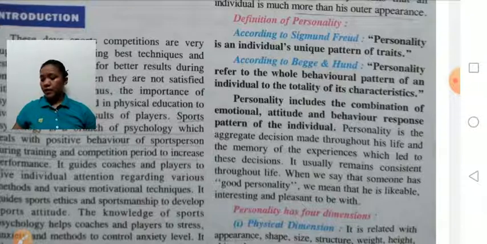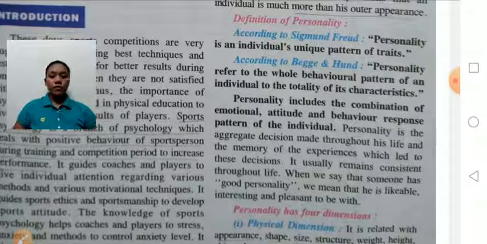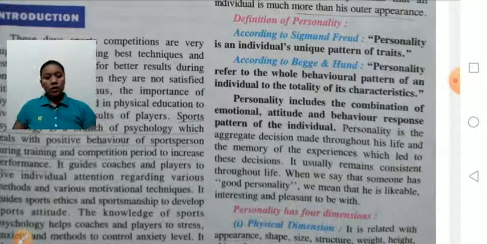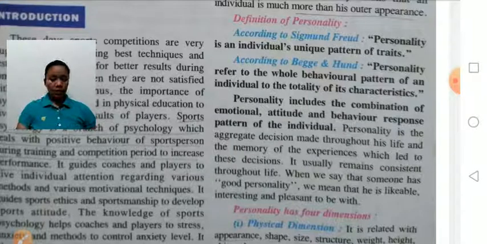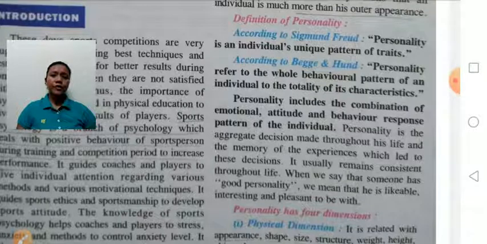Or you can say that personality is the total sum of what one is, his psychological makeup, one's typical patterns, how to adjust in the environment, how one responds to the world around him, and his behavior patterns, how one behaves differently in different situations.